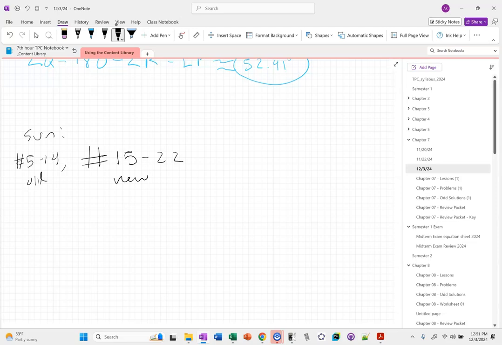Now I want to make a warning for you guys about 15 through 22. These are not all law of cosines problems. They're all mixed together now. You're going to have some law of sines problems. You're going to have some ambiguous case problems. You're going to have law of cosines problems all mixed together. So you're going to have to sort those out as your first step of figuring out which one to do. Okay?